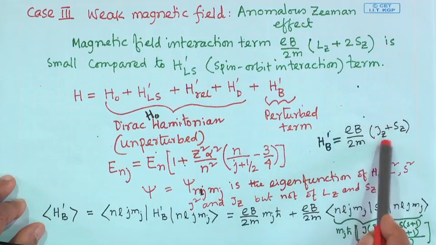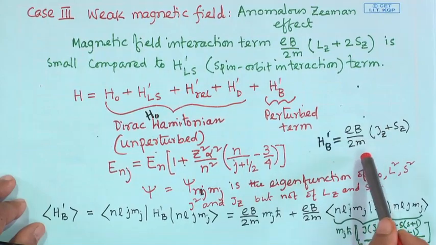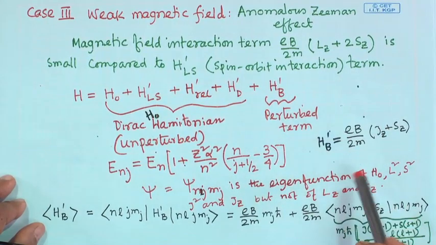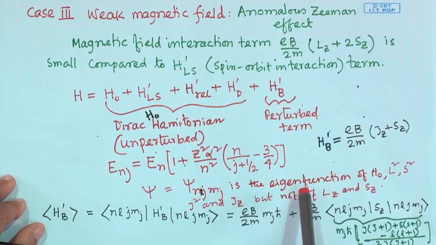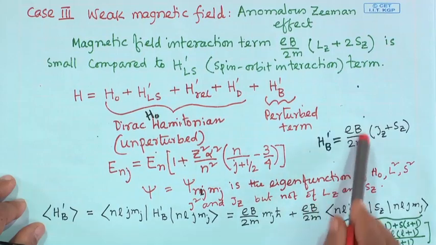Now for Jz, if we apply it on this wave function, the eigenvalue will give m h cross. So, that is why e B by 2 m, m j h cross plus the Sz term.